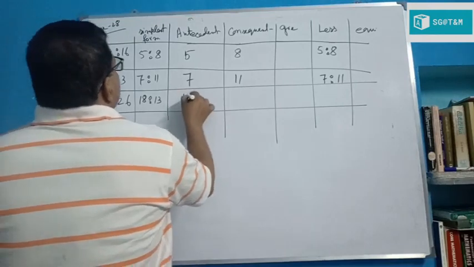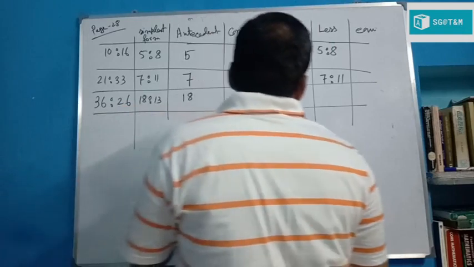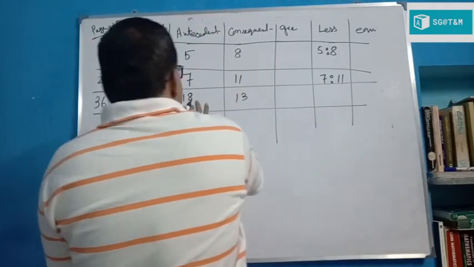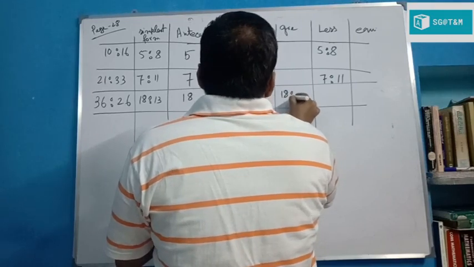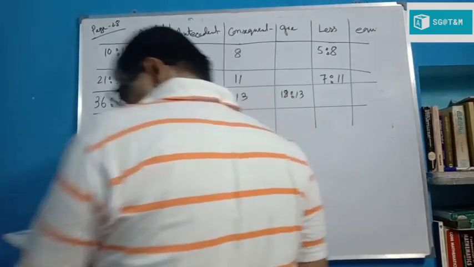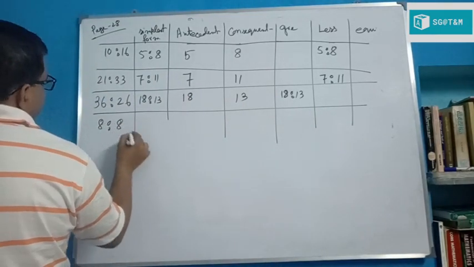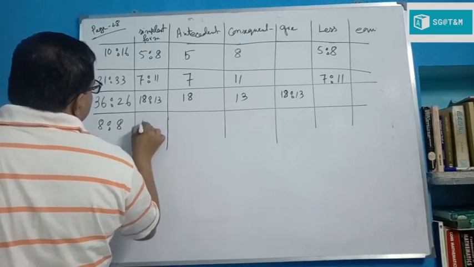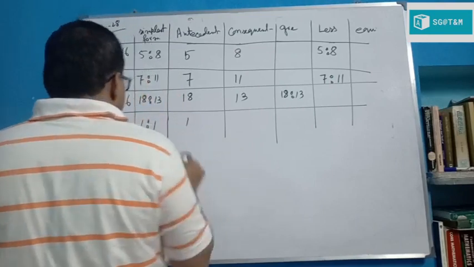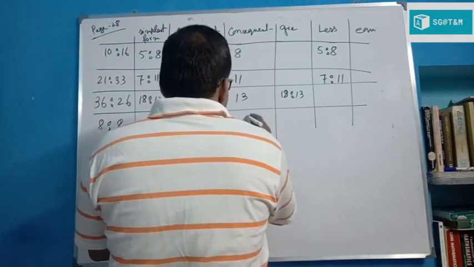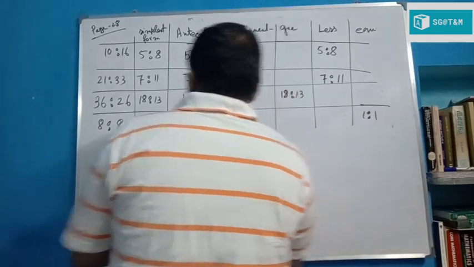Antecedent 18, consequent 13. 18 is greater than 13, so it is greater inequality. Next one, 8:8. Simplified form, 1:1. Antecedent 1, consequent 1. It is equal.